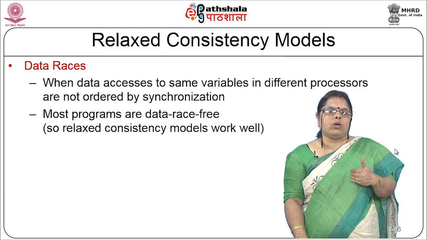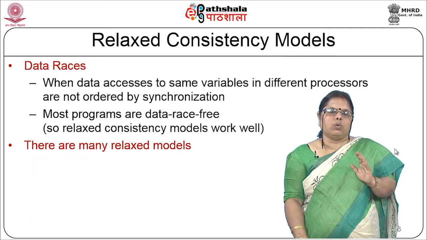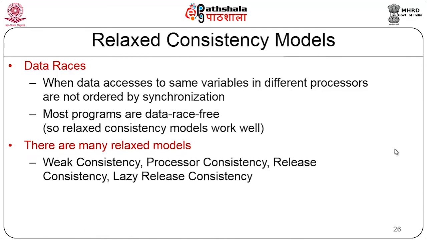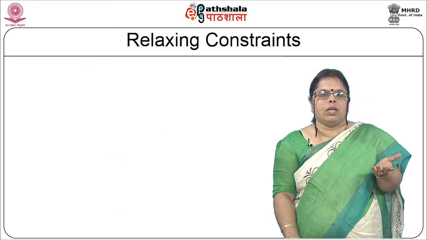Most programs are normally data race free, so relaxed consistency models work fine, and there are many relaxed consistency models, all of which work fine for data race free programs. But when there are data races, if you look at more and more relaxed models, you will get much weirder program behavior.